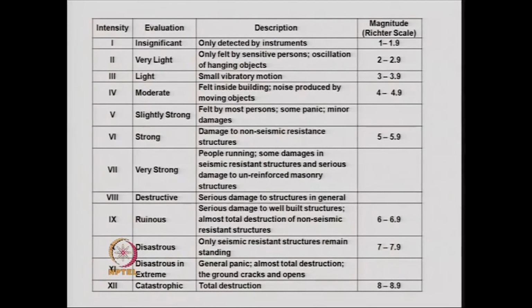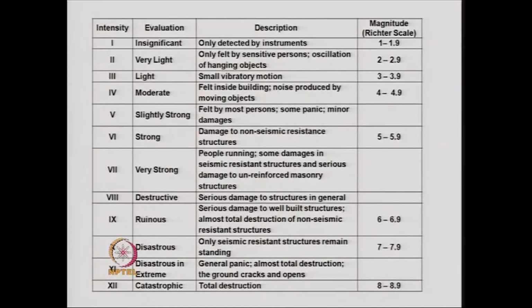So, the intensity 1 is evaluated as insignificant, only detected by instruments, but it is not generally felt. The magnitude associated with this is 1 to 1.9.